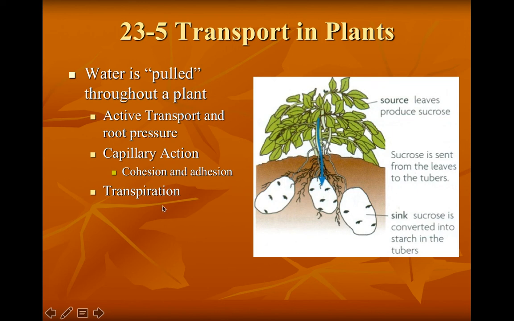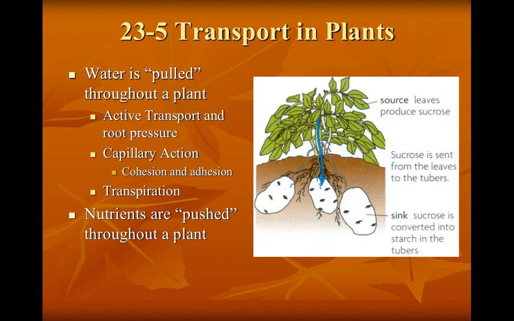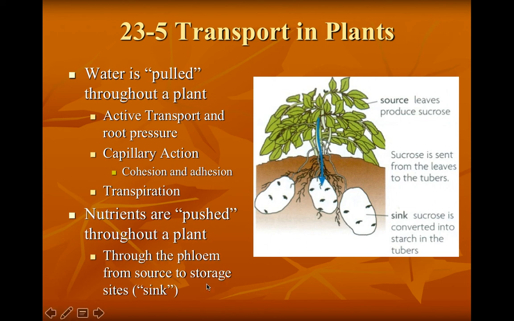Now, nutrients, however, are more like pushed throughout a plant. Although water is pulled, nutrients tend to get pushed to the areas where they're going to be stored. Generally speaking, remember nutrients like glucose, which is produced by photosynthesis. I know it says sucrose here, but glucose and sucrose are both sugars.